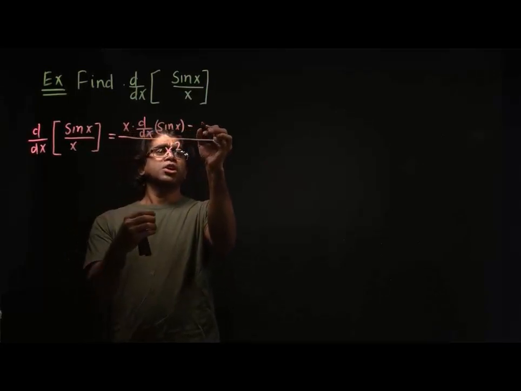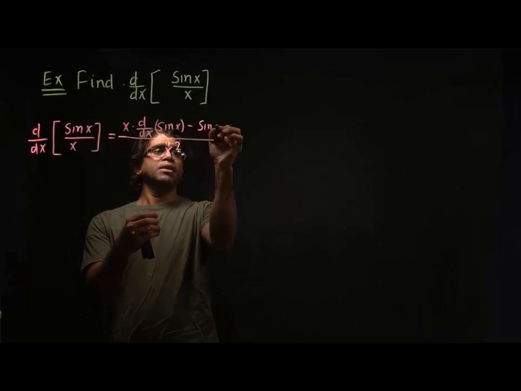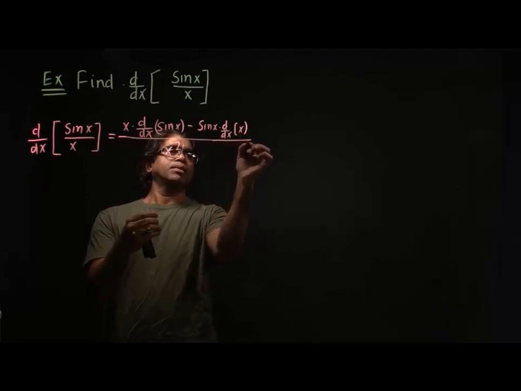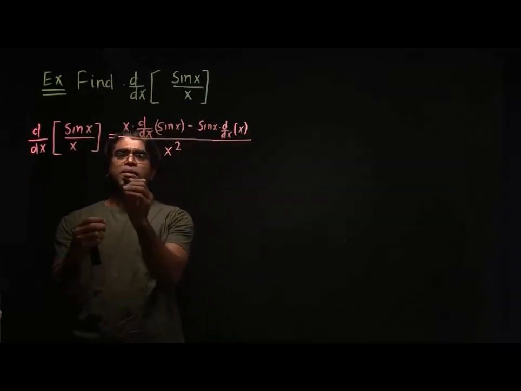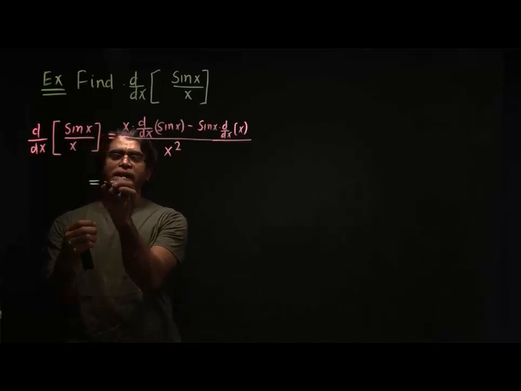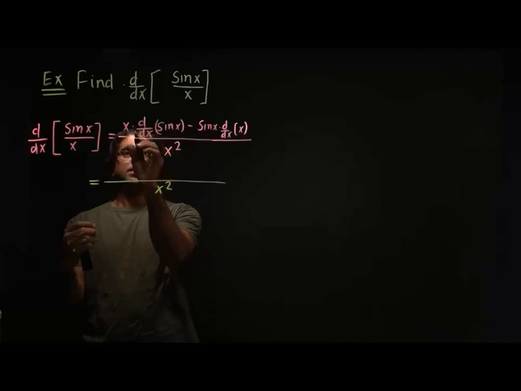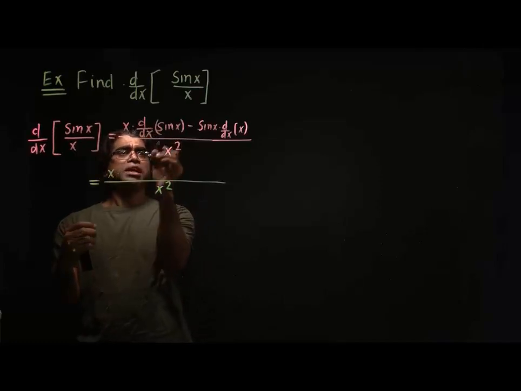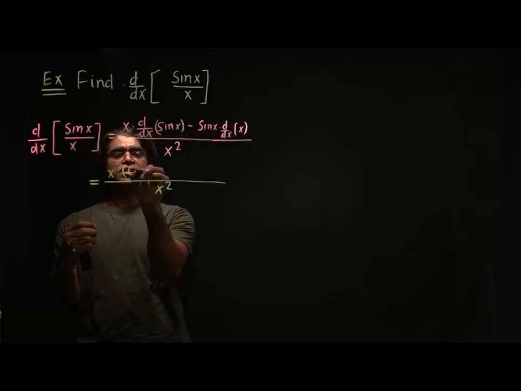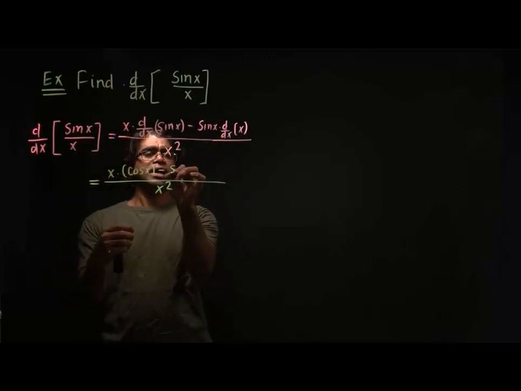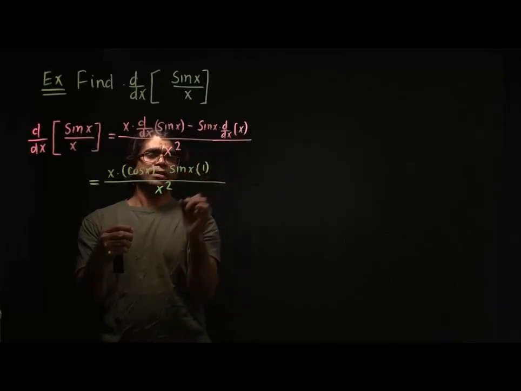minus numerator times d by dx of denominator, which is x. Now let's simplify further, and if we do that, I will write x squared at the denominator, and at the numerator x times d by dx of sine x, which is cosine x, minus sine x times d by dx of x, which is 1.